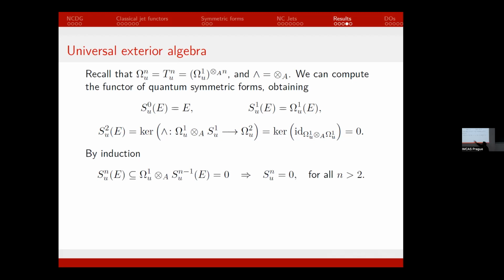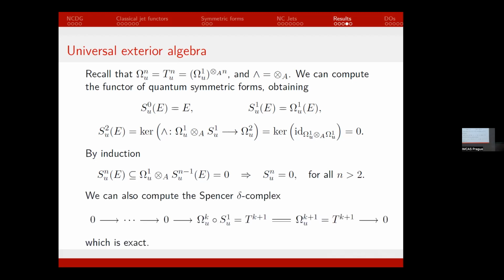And this implies that for any n greater than 2, also Sn is 0 because it's included by inductive hypothesis into something that is 0. So as long as one grade is 0, every higher grade must be 0 because it's inside omega 1 of 0. Okay, so as a recap, we have S0, which is E, S1, which is omega 1, and everything else is 0. So this is the situation.